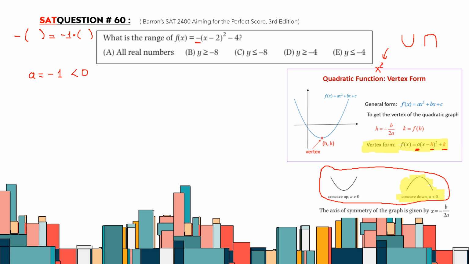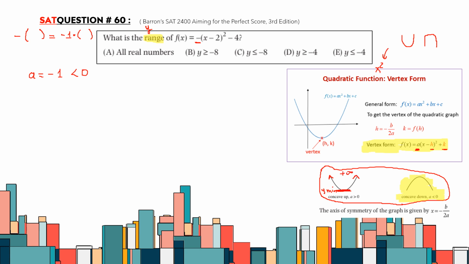And what is the range? The range is talking about the y value, the y values for which the function is defined. If it is concave up, the y value starts from that point, the y min, and goes up forever to positive infinity.